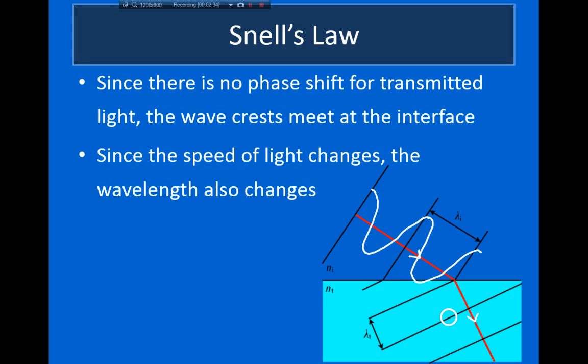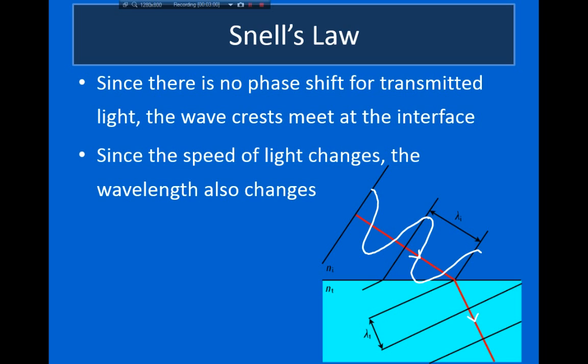And as the light moves into this material, what's going to happen is that the direction that the light is traveling in is going to change. And the reason this has to happen is because this point where these wave crests are, in the light that's traveling in the air, has to meet up at the point where there's a wave crest in the water or the glass or whatever material this is. And the reason that those wave crests have to be at the same place is, again, because there was no phase shift in the transmitted beam.